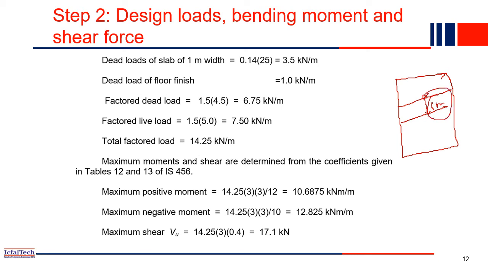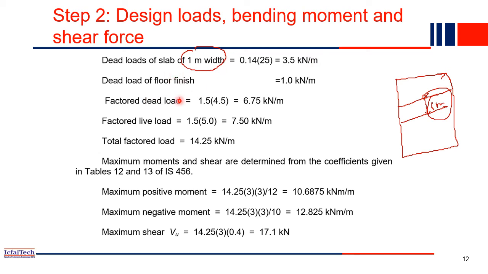So the dead load of the slab is 1 meter width times 0.14, the depth of the slab, multiplied by 25, the density of concrete, 25 kilonewton per meter cube. If you multiply it, you will get 3.5 kilonewton per meter.